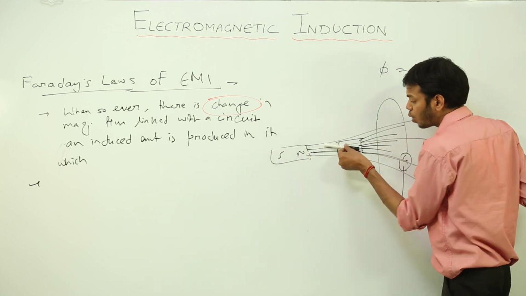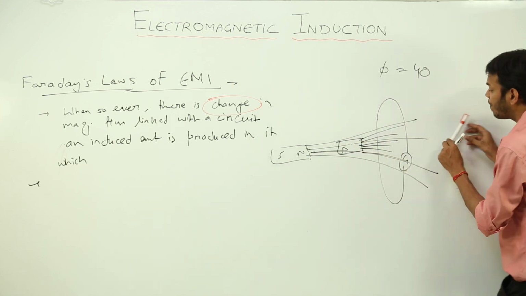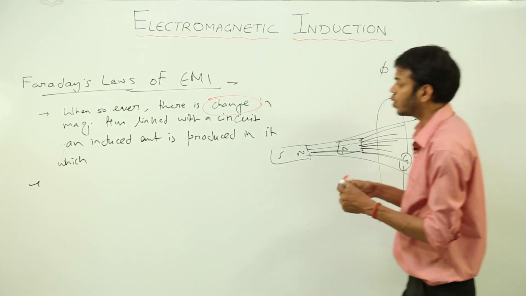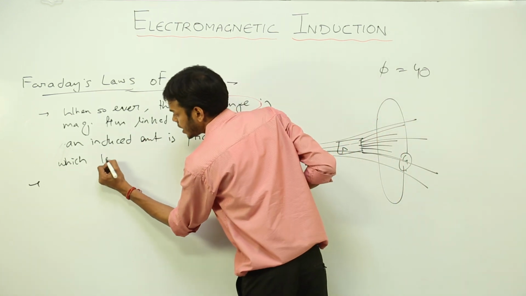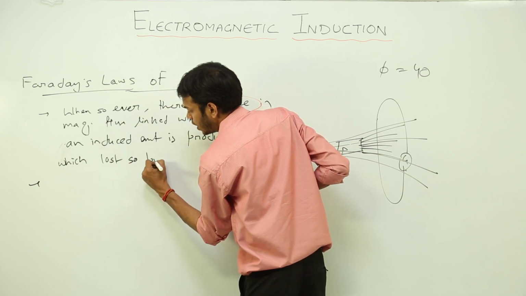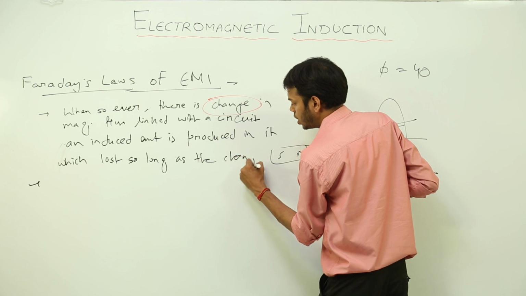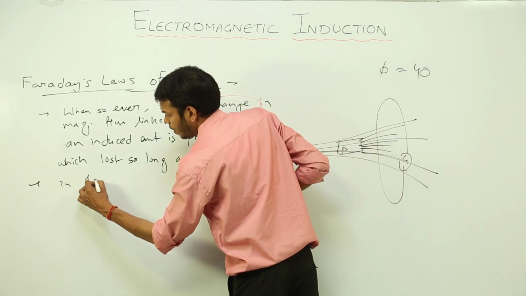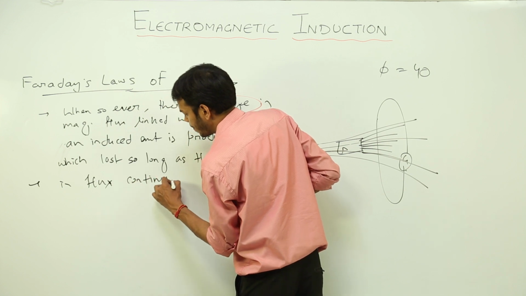So when the magnet is brought to this point, 40 lines is constant, there is no change, and hence the deflection would be 0. So we also have to state that it lasts so long as the change in flux continues.